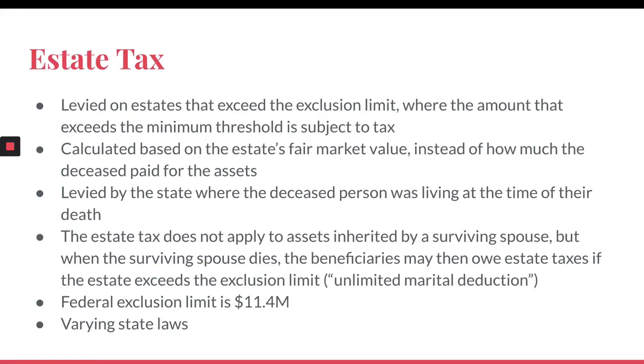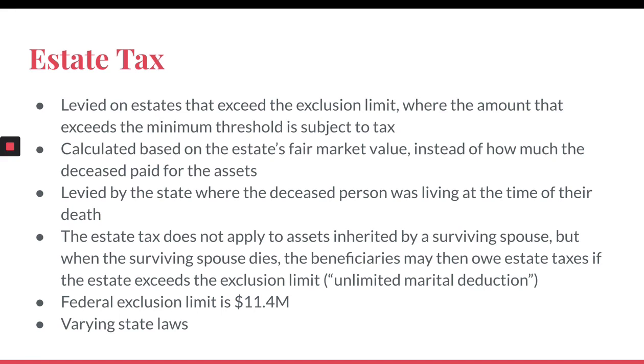So next is estate tax. It's levied on estates that exceed the exclusion limit, where the amount that exceeds the minimum threshold is subject to tax. It's calculated based on the estate's fair market value instead of how much the deceased paid for the assets. It's levied by the state where the deceased person was living at the time of their death.